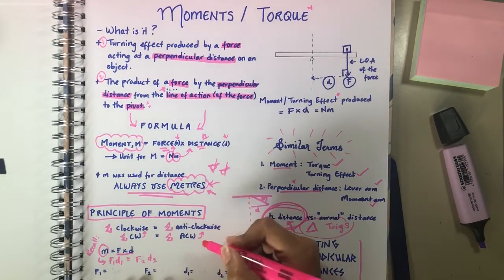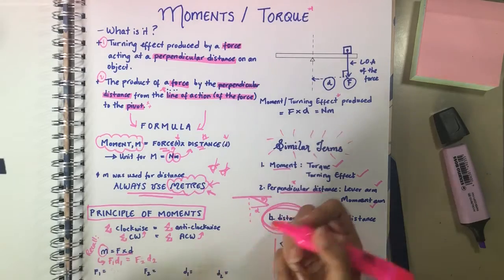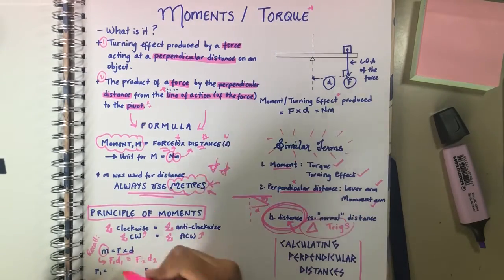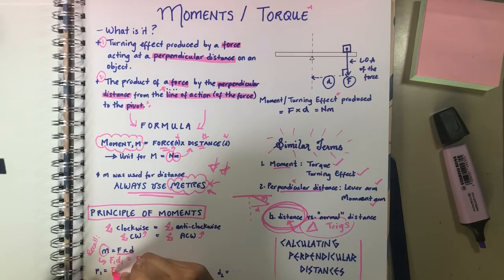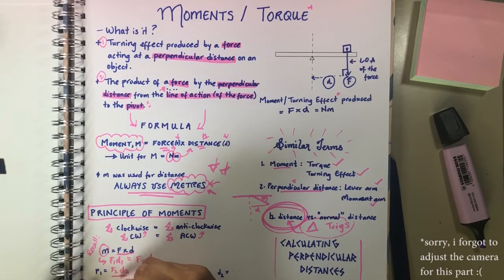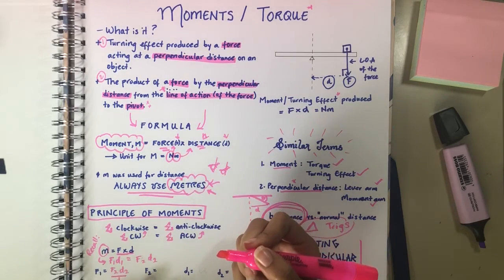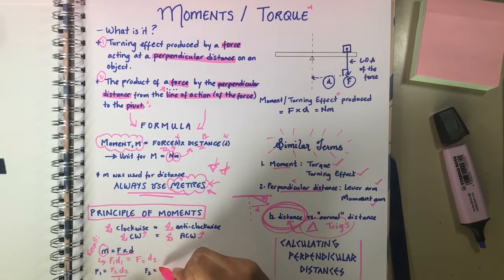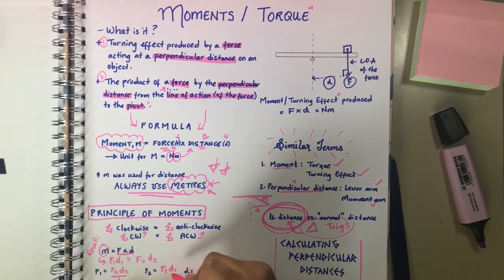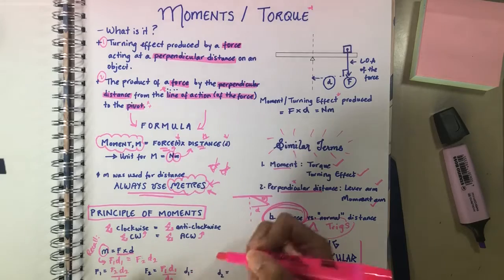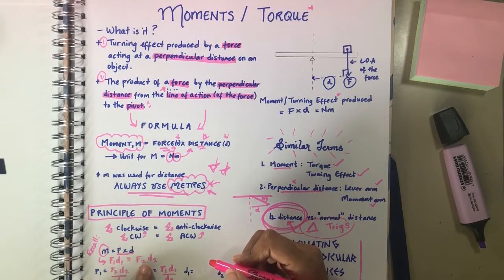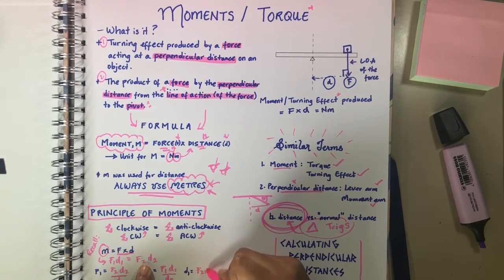So from this principle, we can derive each variable. For F1, if we transpose the formula, we would get F2 D2 over D1. For F2, if we transpose the formula, we'll get F1 D1 over D2. For D1, we'll send this across, so we get F2 D2 over F1.